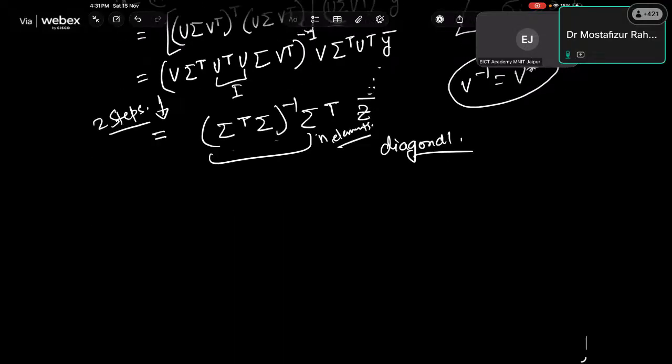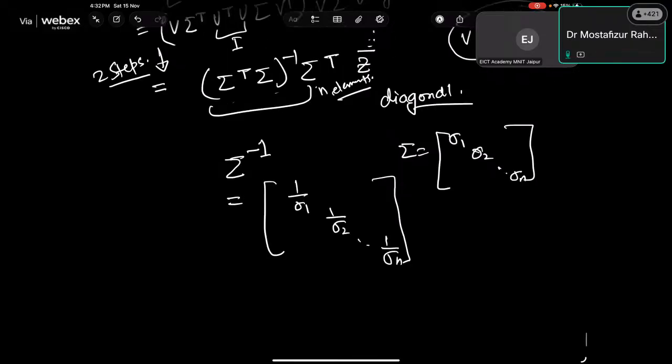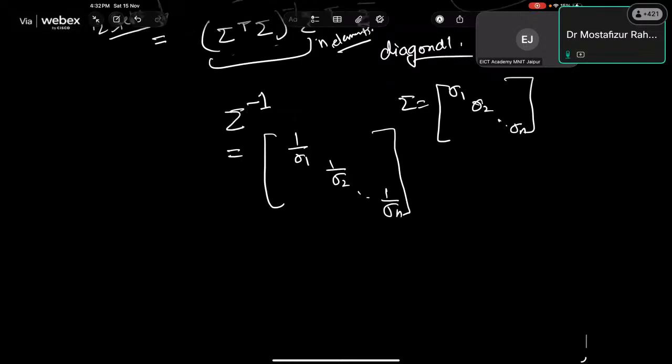For example, if you want to calculate the sigma inverse, sigma is basically the matrix sigma 1, sigma 2 to sigma n. Using the singular value decomposition, you have diagonalized it. So sigma inverse will be only 1 by sigma 1, 1 by sigma 2, and so on, 1 by sigma n. So this is very simple. The inverse calculation is just computing the fraction of a number, right?